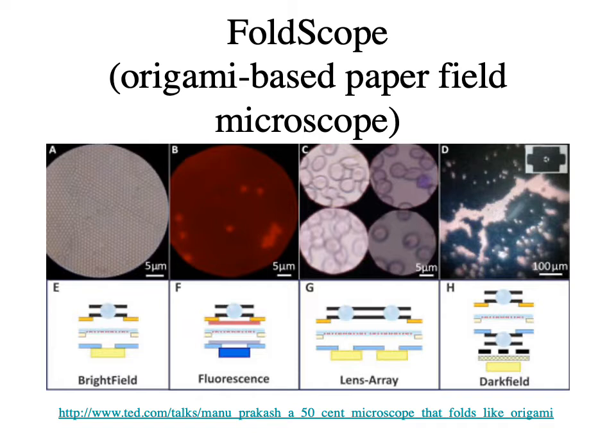This paper origami microscope was developed for use in those places. It's really interesting, and there is a TED Talk on it by the gentleman who made it. If you're interested, there's a link at the bottom of this page.